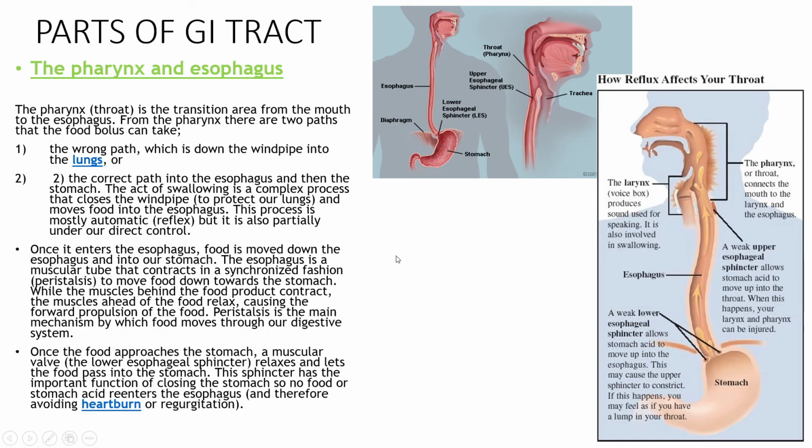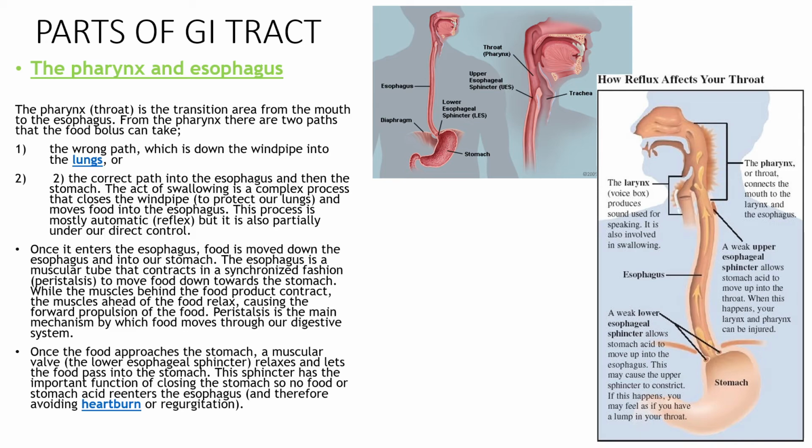Now the next part is the pharynx and esophagus. Talking about the pharynx, it helps in the bolus movement from the oropharynx to the laryngopharynx to the esophagus, and it also closes the air passageways. Now comes the esophagus. It permits the entry of bolus from the laryngopharynx into the esophagus.